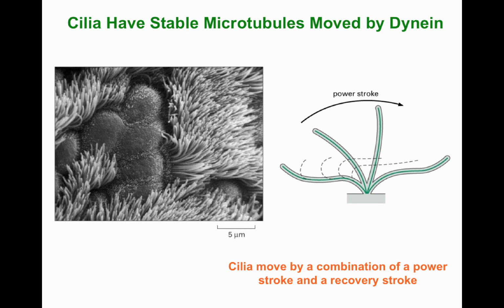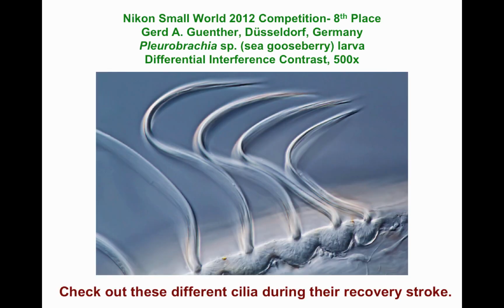So every time you have a power stroke that allows the cilia to move from left to right, you then have a recovery stroke that is going to recock the cilium from right to left. And the combination of the power stroke and the recovery stroke helps the cilia move forward.